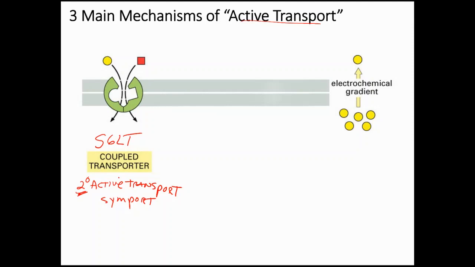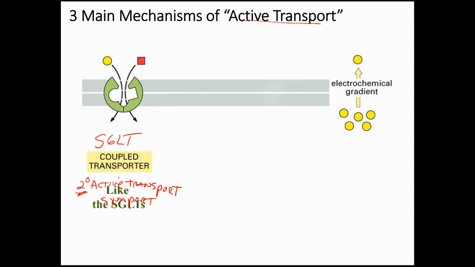If you take a look at what we talked about in chapters 13 and 14, we also have some symports that allow hydrogen protons to come across the inner membrane of the mitochondria in order to bring something in against its electrochemical gradient. All right, so we have coupled transporters.